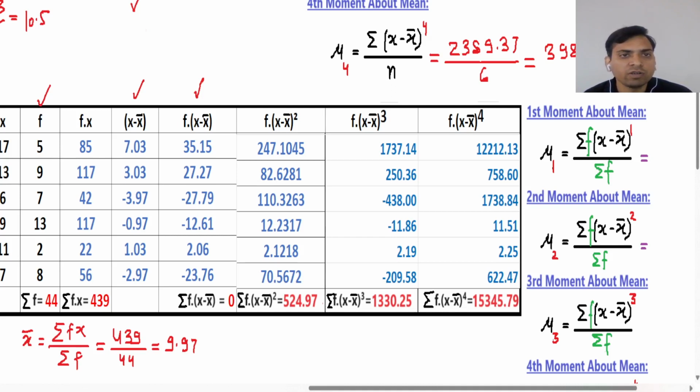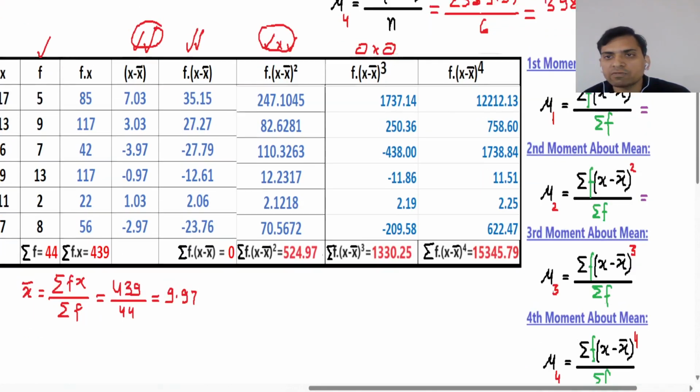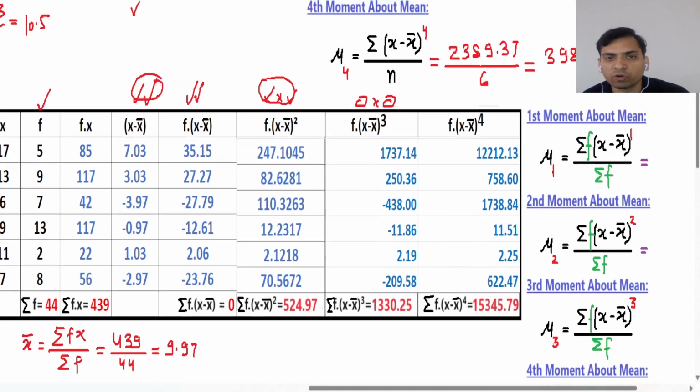So simply you will multiply this column with this, then you will get this column. And then for third moment, you need cube. So you will multiply this column with this, then you can get this column. And in this column, simply you will multiply this column with this first one, then you will get fourth. So we have all these values for all these first four moments.